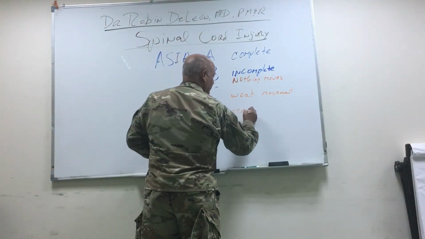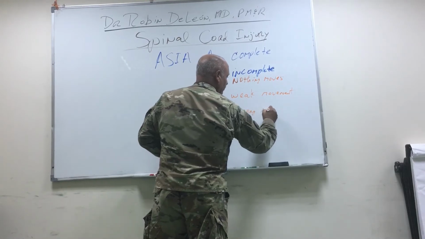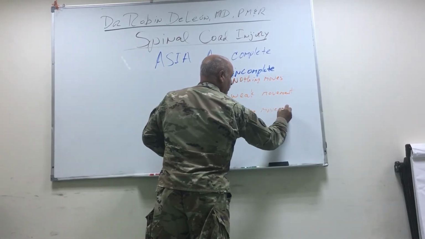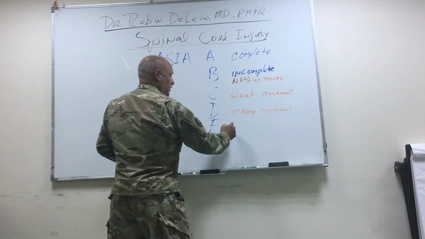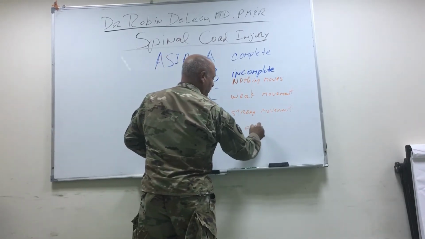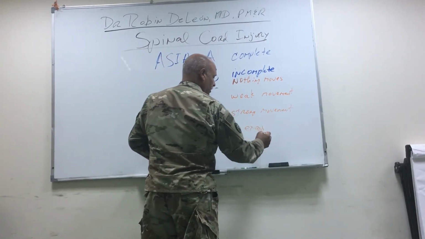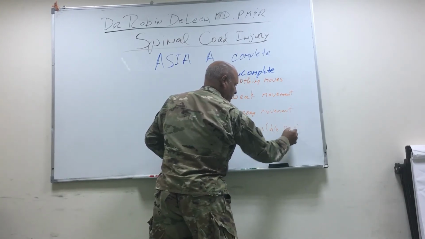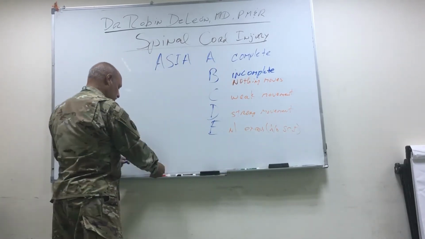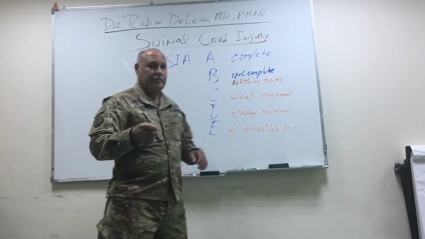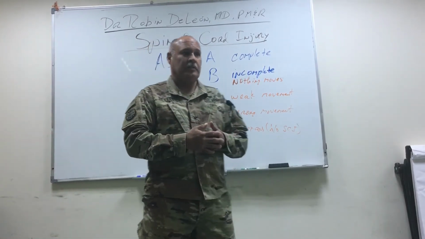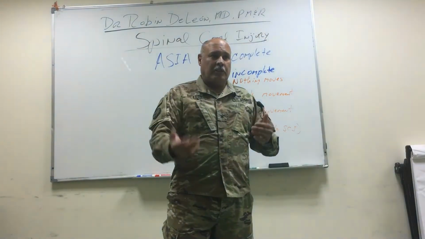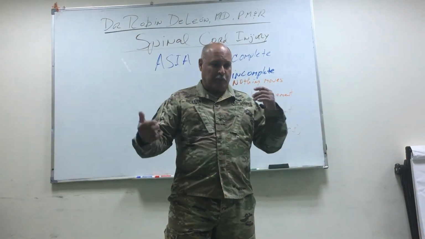Strong movement. And normal exam. History of spinal cord injury. So how do we check those things? Well, on the sensory side, just like we do with a CMS check, pulse, motor, sensory.